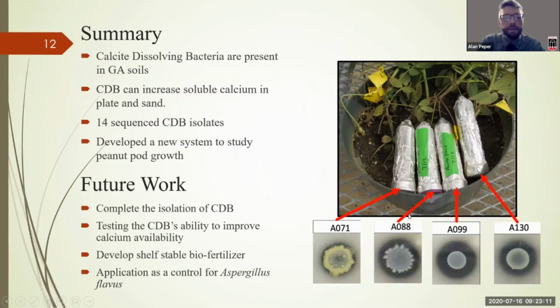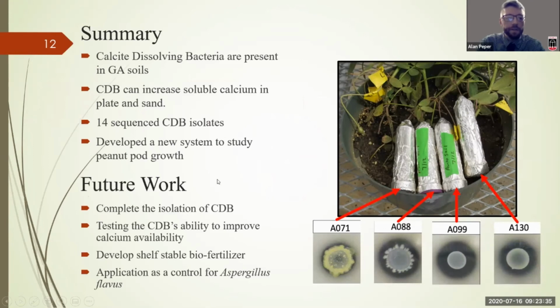Summarizing everything I've done up to this point, I've isolated some calcite dissolving bacteria from Georgia soils. These bacteria can increase soluble calcium in plate and in sand. I have sequenced 14 of these bacteria so far, and I've developed a new system to hopefully study all of these bacteria.